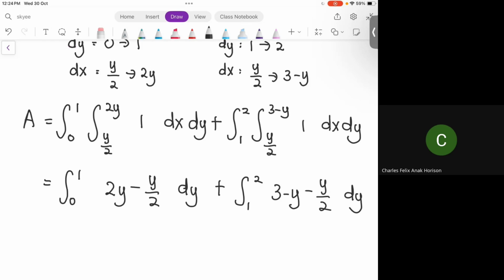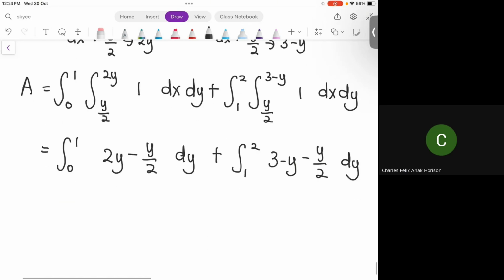You can simplify, or if you don't want to simplify, you can key the whole thing into the calculator, which is also fine. Your calculator doesn't have y, so just replace the y with x. It doesn't matter.